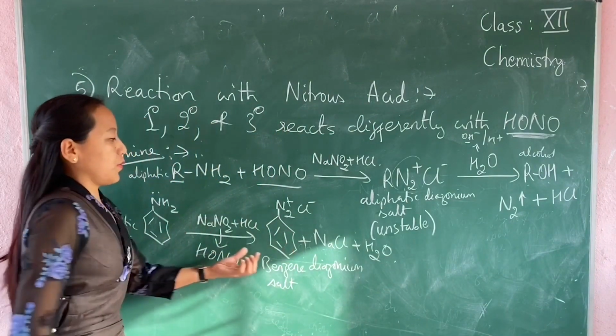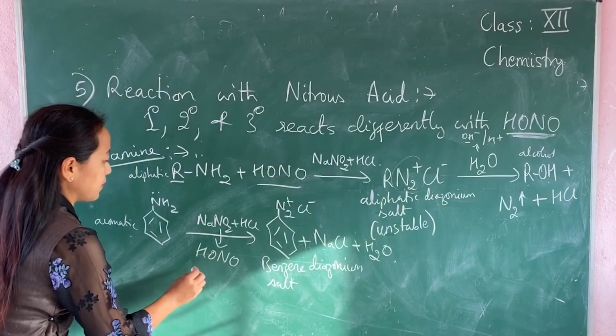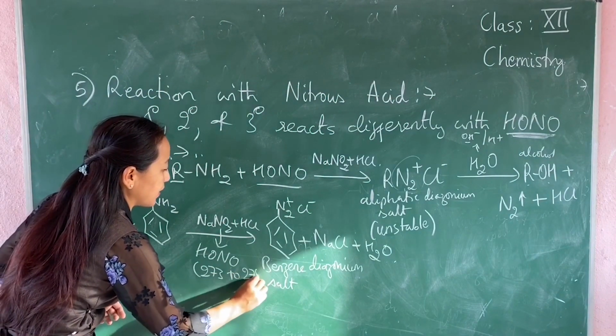So this is quite stable compared to the aliphatic diazonium salt. Now this reaction takes place at a low temperature, that is 273 to 278 Kelvin.